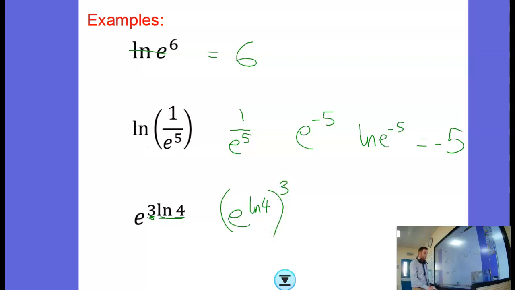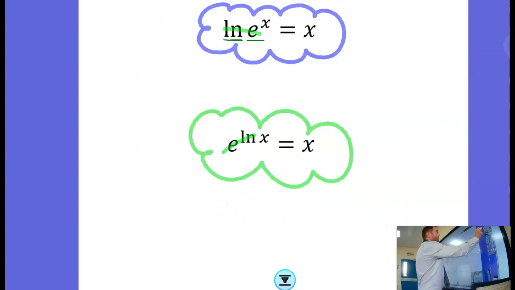The reason I'd want to do that is because, oh look, these cancel out and I end up with just 4 to the power of 3, and 4 times 4 times 4 is 64. So there's 3 examples of some more complicated things that you might have to look out for. But the key notes there are anything where you can get e to the power of ln something, you can cancel them, and ln e to the power of x, we can cancel the ln and e. Right, I hope that's made some sense.